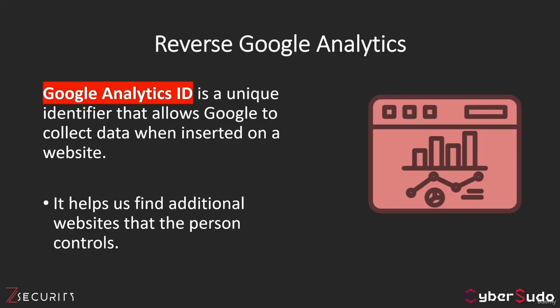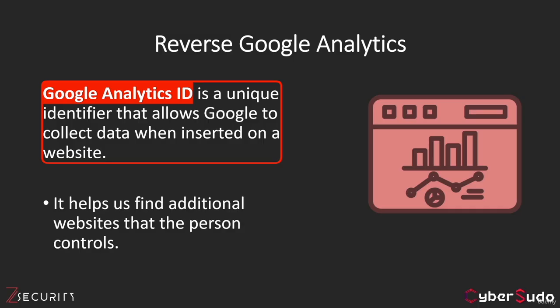Another method that you can use to find websites controlled or owned by one person is by finding whether the target website uses what's called a Google Analytics ID. A Google Analytics ID is a unique identifier that allows Google to collect data when inserted on a website.